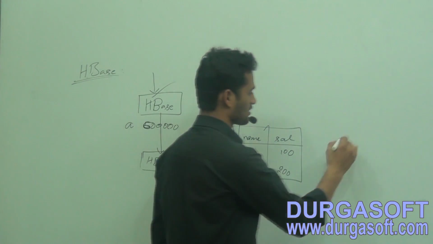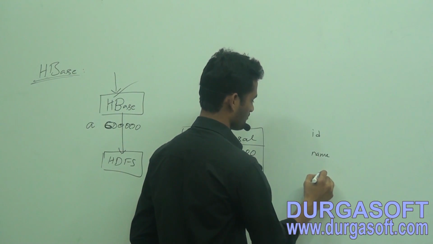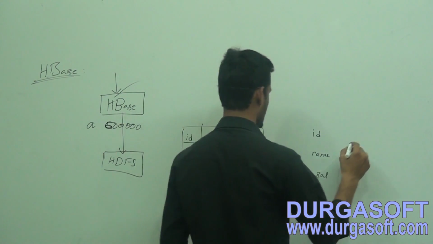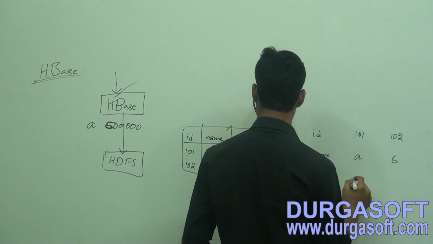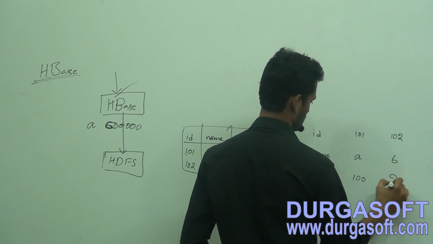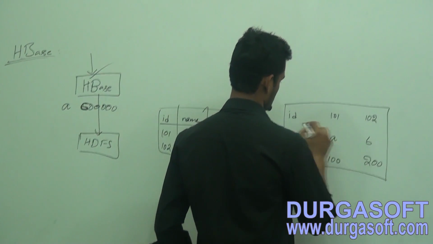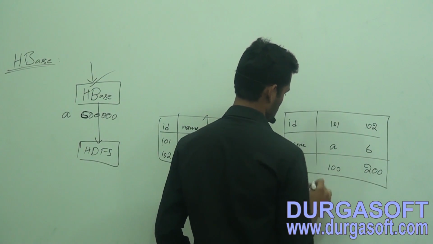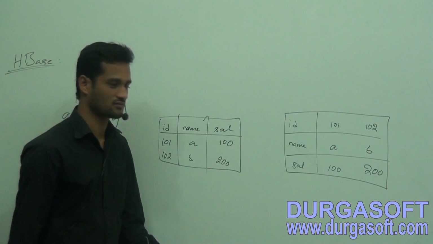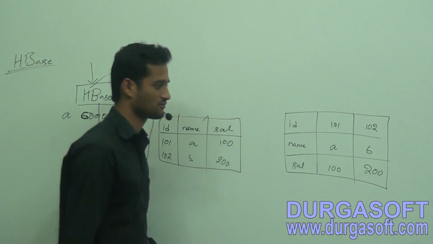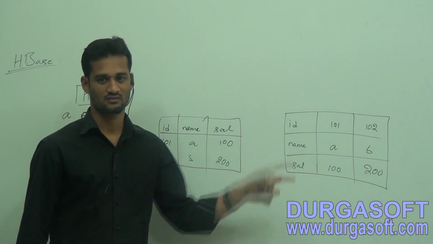If I take the same data in column format, it will become something like this: ID, name, salary. Okay, so column format means this.